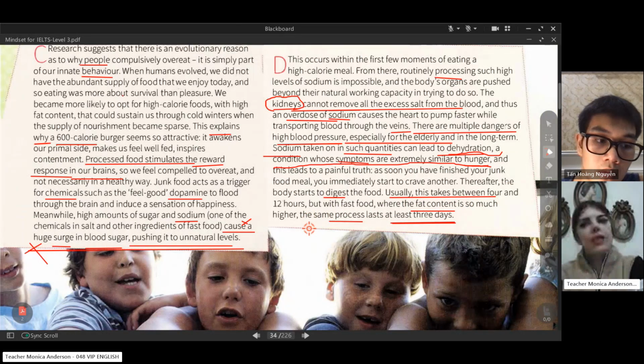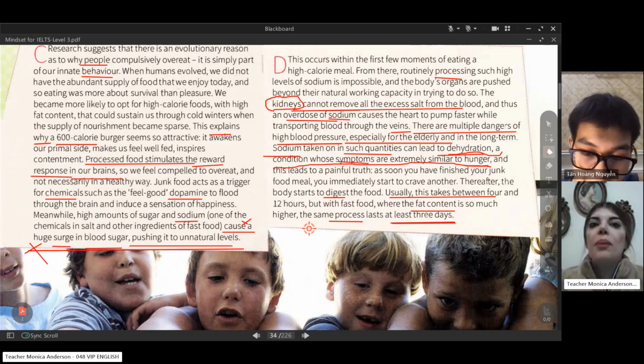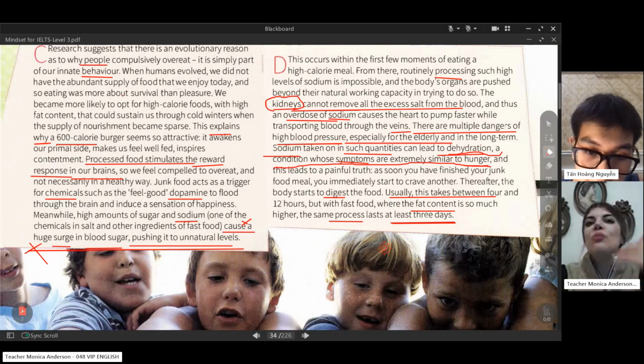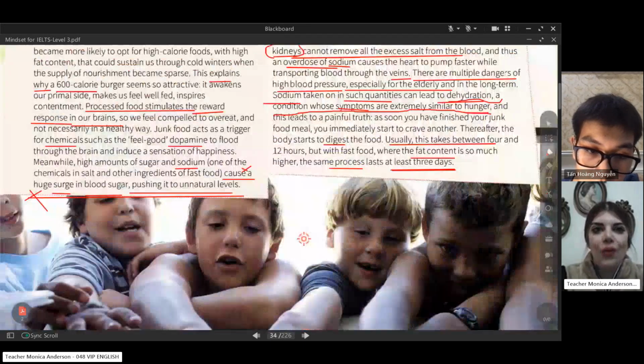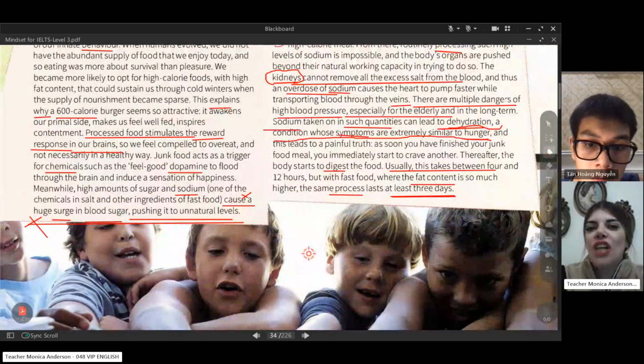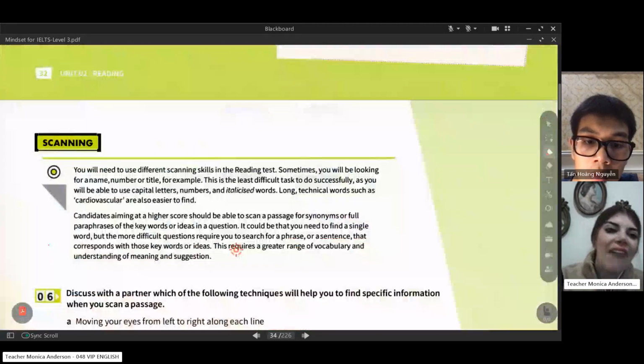It lasts 4 and 12 hours. But now we need something that needs more time to be broken down. You know, more time, like fast food, slower.